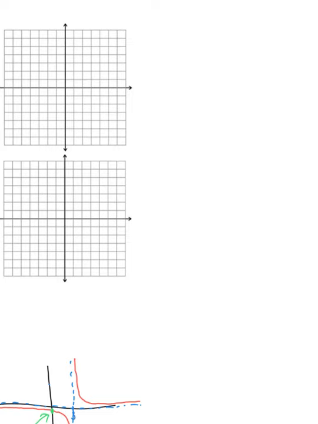And let's do one last example. Here, let's say we had 3x over x squared minus 7x minus 8. I already know that with x over x squared, my horizontal asymptote is going to be at 0.